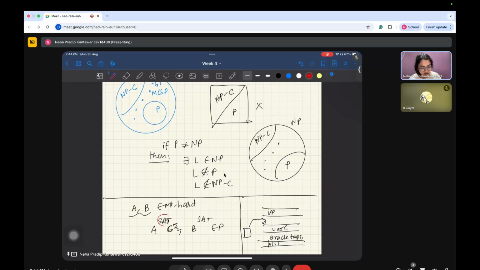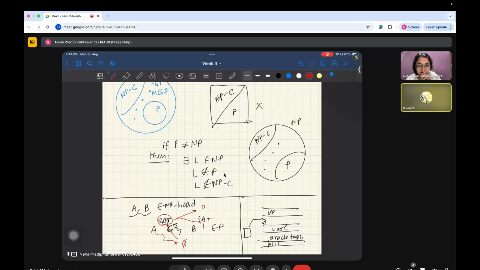Let's say a formula phi that I want to solve, but I will not solve it. I just have a solution to one problem, in this case SAT. So I will ask some Oracle to solve that problem for me, and it will only tell me whether it is satisfiable or not.